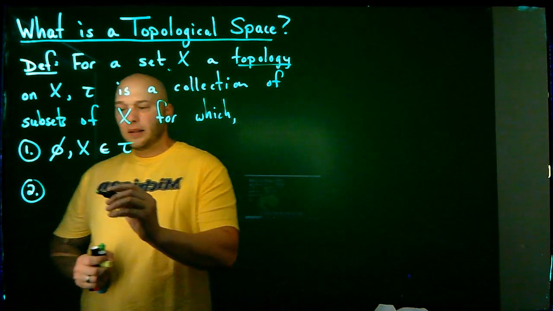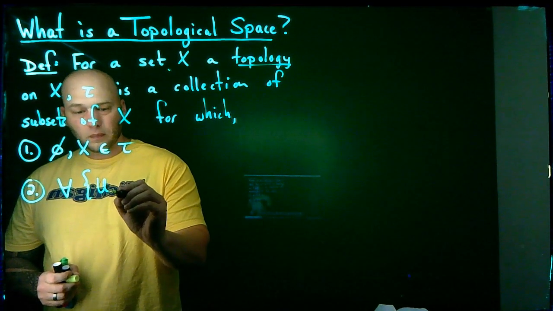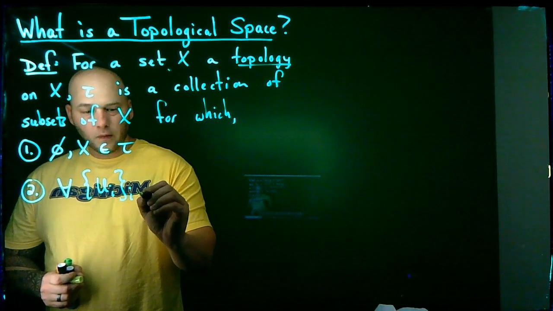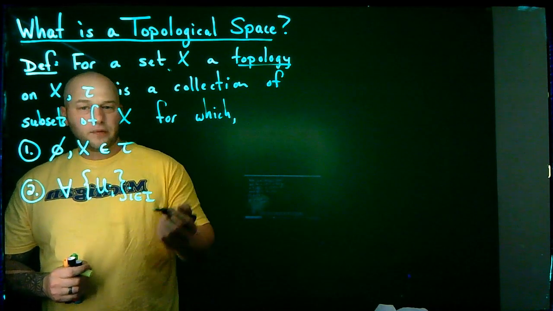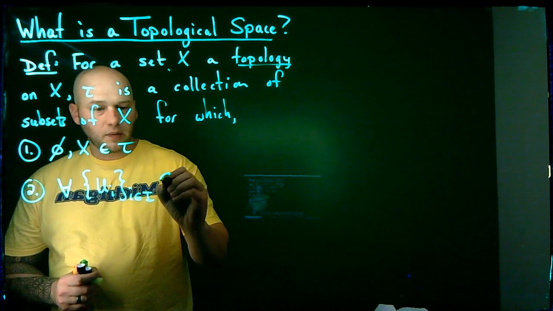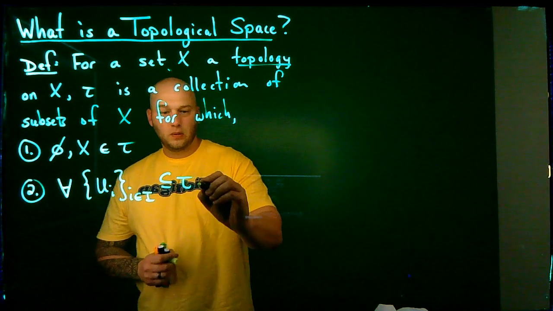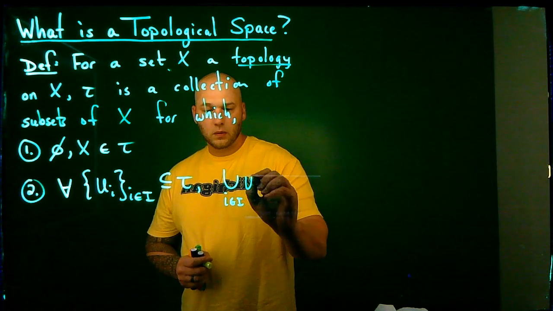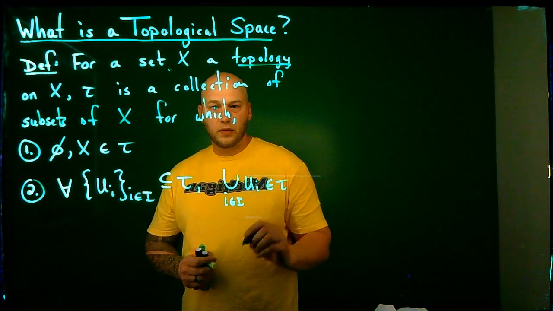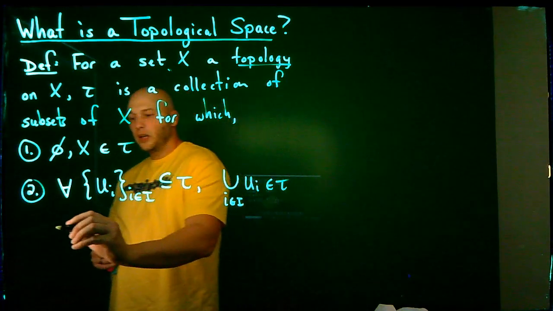Written symbolically, this says for any collection of subsets of tau. So if U_i is an element of tau, the collection of those would be a subset of tau. So for any arbitrary subcollection of tau, their union must be an element of tau. Tau contains arbitrary unions of its elements.